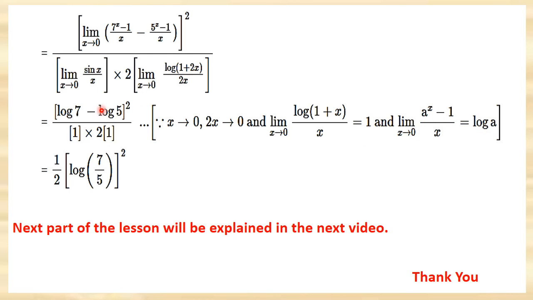So using these results we will get the value as (log 7 minus log 5) the whole square upon 1 into 2 into 1. The 2 remains in the denominator, so 1 by 2 into (log 7 minus log 5) can be written as log(7 upon 5) the whole square, and this is the value of the given limit.